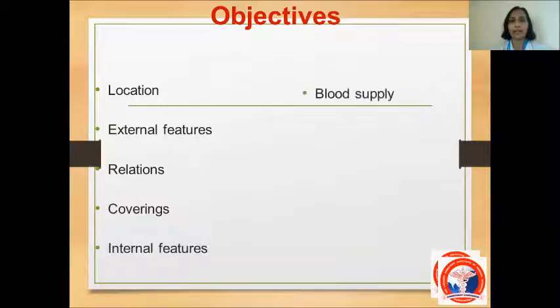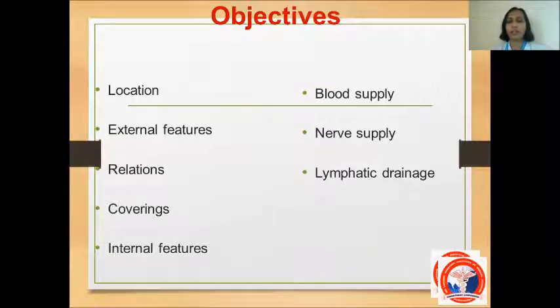In today's class, we will study about location, external features of the parotid gland, its relation with the surrounding structures, the coverings or the fascia which cover the parotid gland, its internal features or the structures which are within the substance of the parotid gland, as well as the internal architecture of the gland.